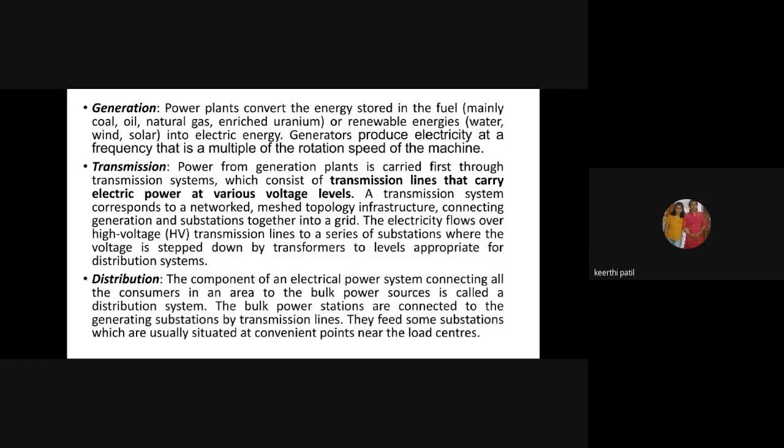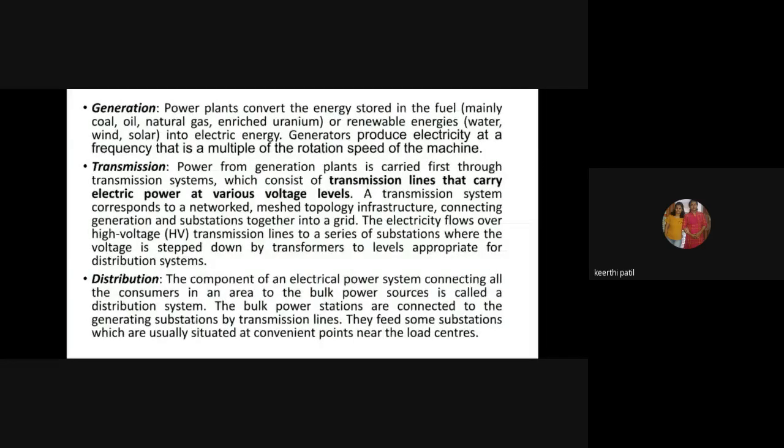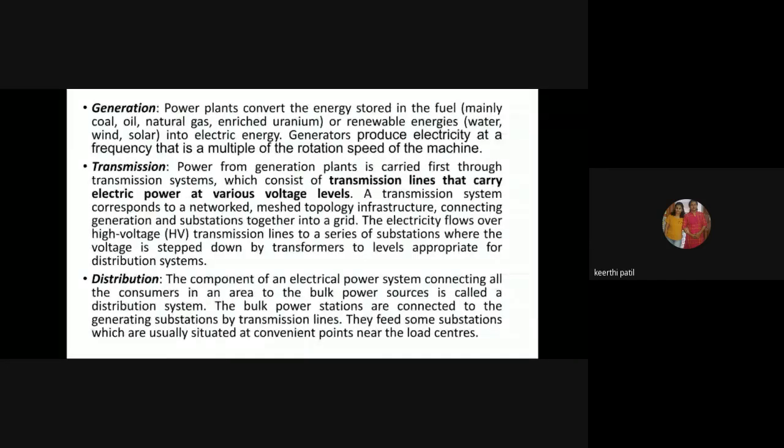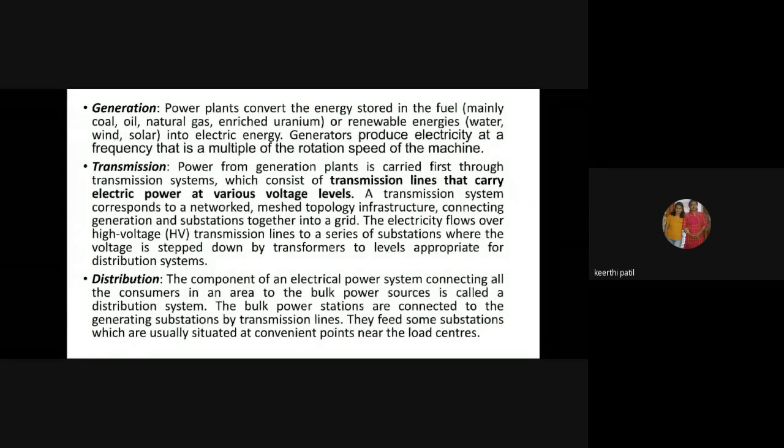I'm just reading this part. Power from the generation plants is carried first through the transmission systems, which consist of transmission lines that carry the electric power at various voltage levels. A transmission system corresponds to a networked meshed topology infrastructure connecting generation and substations together into a grid.